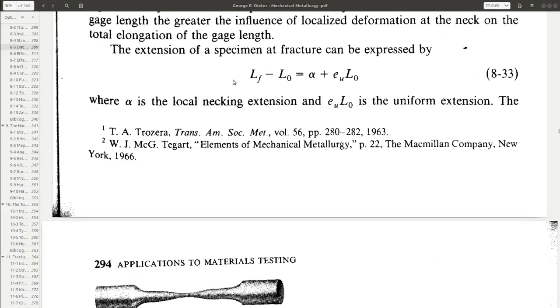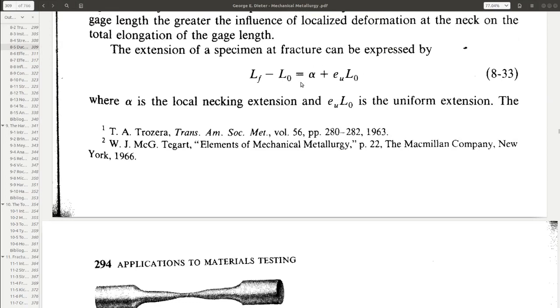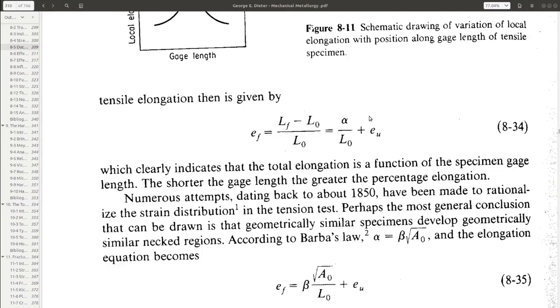Using this relation, let me calculate EF. EF is nothing but the engineering strain at fracture, which is defined as LF minus L0 by L0. In this equation, in place of LF minus L0, if I put the previous equation, we get this one.